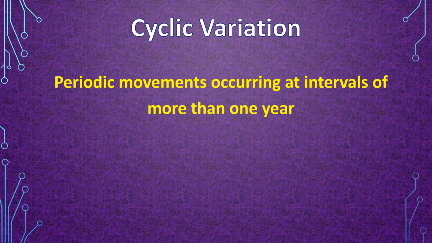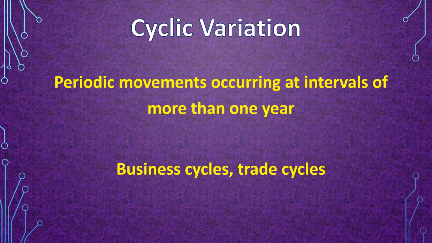These cycles are generally repeated at intervals ranging from about 3 to 10 years. These are caused by a complex combination of forces affecting the equilibrium between demand and supply. A business cycle may have four phases, which include prosperity, recession, depression, and recovery. Such cyclic changes we call cyclic variations.